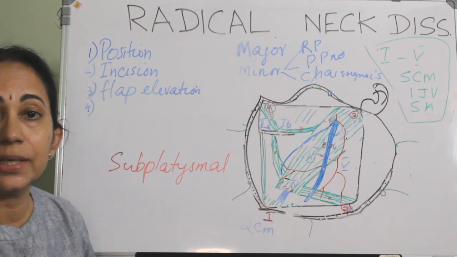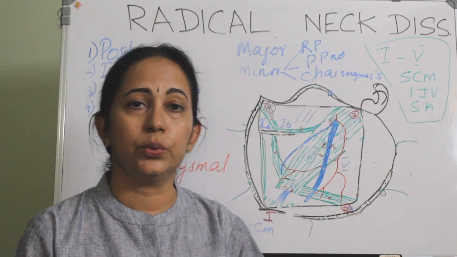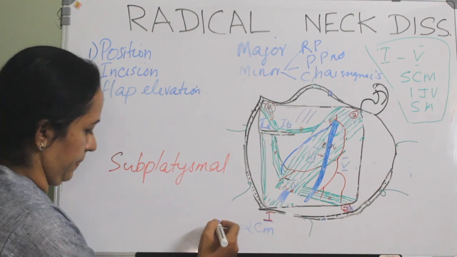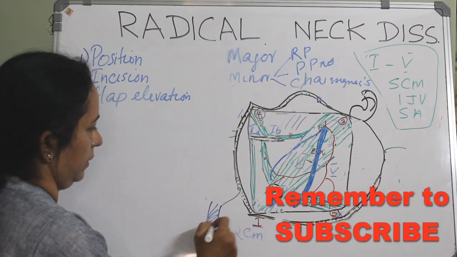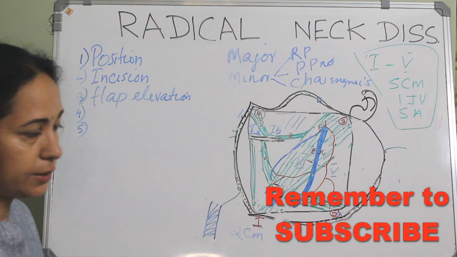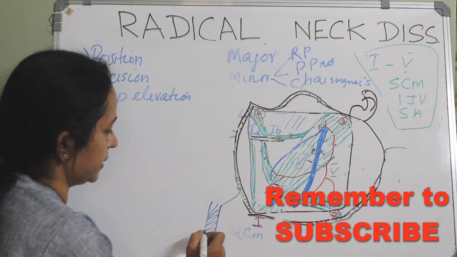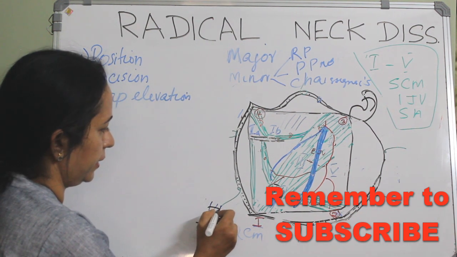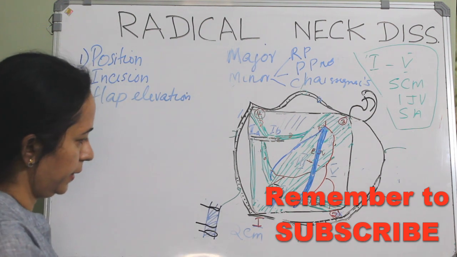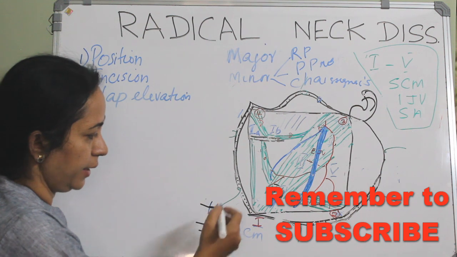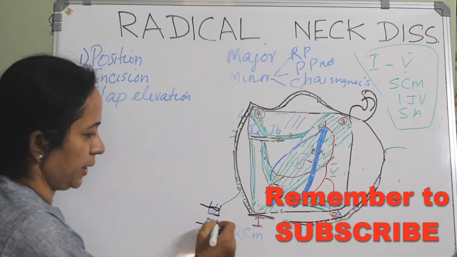Usually we put 3 ligatures on the IJV, 2 at the lower end and 1 at the upper end. And after division, again a transfixing suture should be kept here.